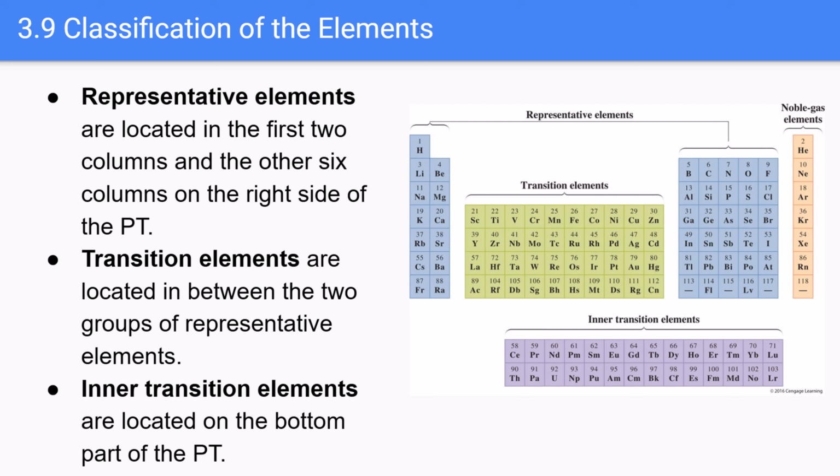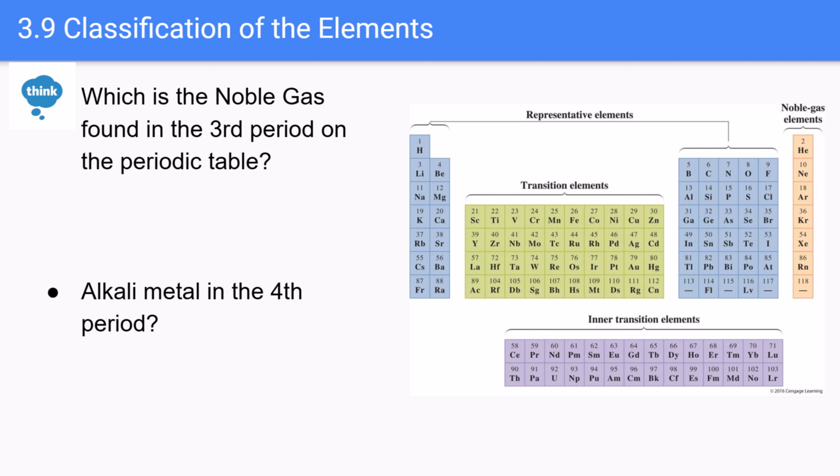You have 10 groups that are there that are transition elements. Inner transition elements are the ones that are located on the very bottom part of the periodic table. They're the ones that we kind of snipped and took out and replaced down at the bottom. You may see like the continuity error going from 57 to 58. 58 through 71 is represented on the bottom of the periodic table, along with 90 through 103.